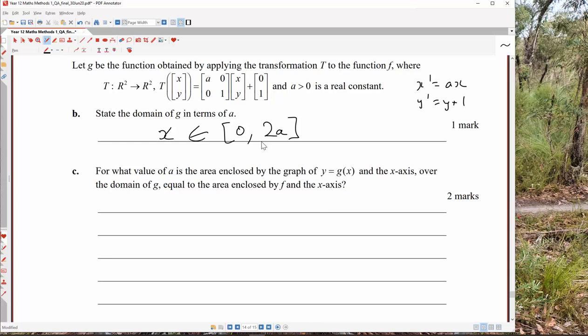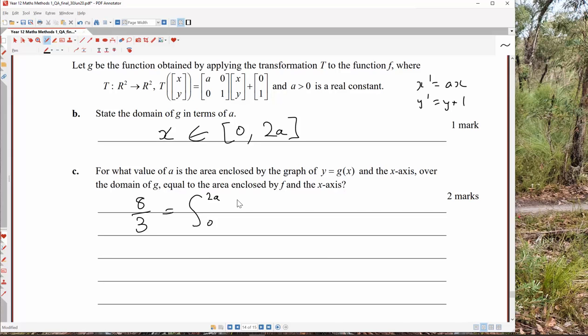Okay, so what we'll do is we'll say that 8 on 3 equals the integral between 0 and 2a enclosed by the graph of g of x.